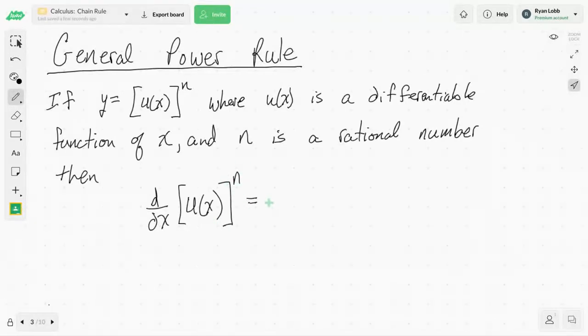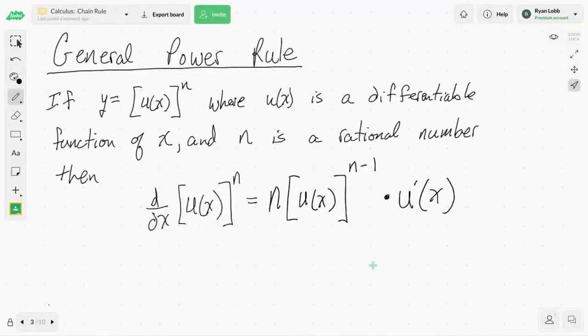So the derivative of the outer function would be n times the quantity to the n minus 1. So the derivative of the outer function evaluated at the inner function, so that means this is going to stay unchanged right there, and then times the derivative of the inner function, which would be u prime of x.